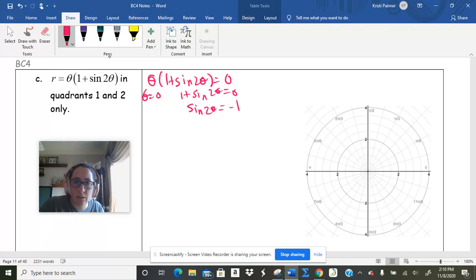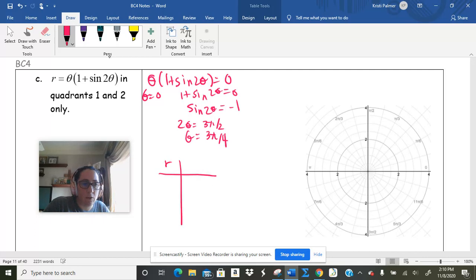Remember, sine equals -1 down here at 3 pi over 2. And that's at 3 pi over 4, which is going to be my 0 here. All right, so when I do my r theta, I know I'm going to include that. And I'm probably going to have to go to pi over 4 next before pi over 2, is my guess.